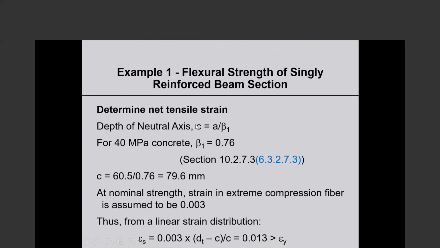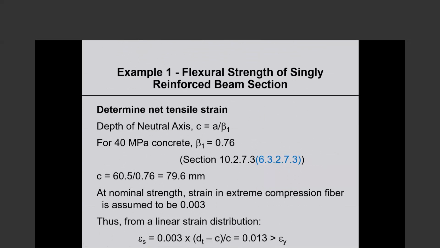The neutral axis depth is stress block depth divided by beta sub 1. Remember, the stress block depth is beta sub 1 times c, the neutral axis depth. Beta sub 1 is 0.85 up to 28 MPa, and after 56 MPa, it levels off at 0.65.